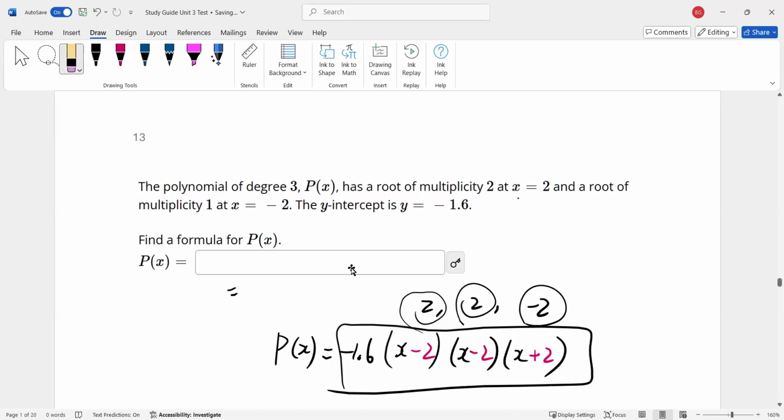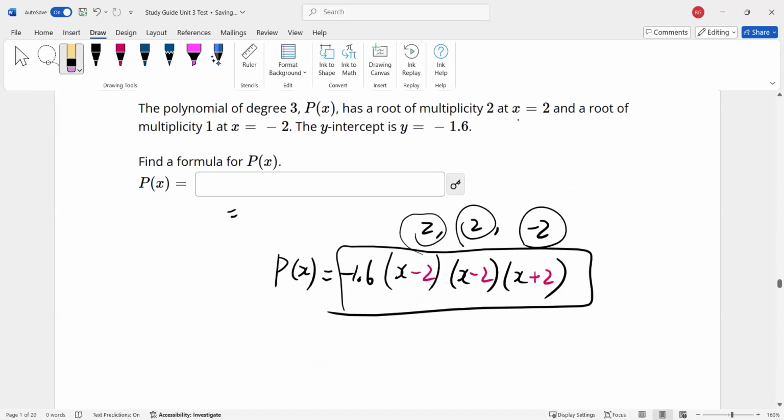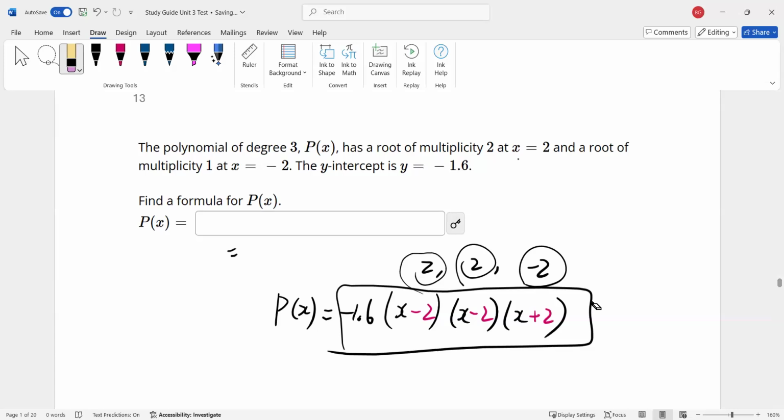So would you need to factor it out? I mean, rewrite the function. The polynomial of degree 3 has root. It doesn't say, right? Oh, my bad. Almost made a mistake. This is not the leading coefficient. I read it wrong. The leading coefficient is a.